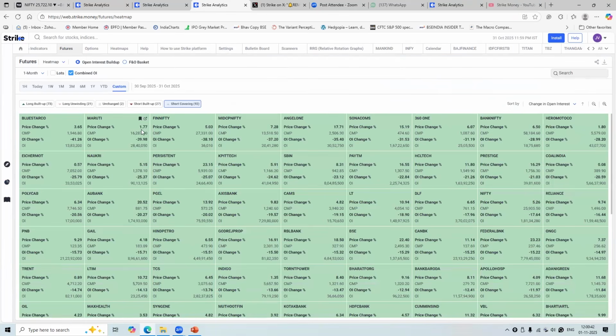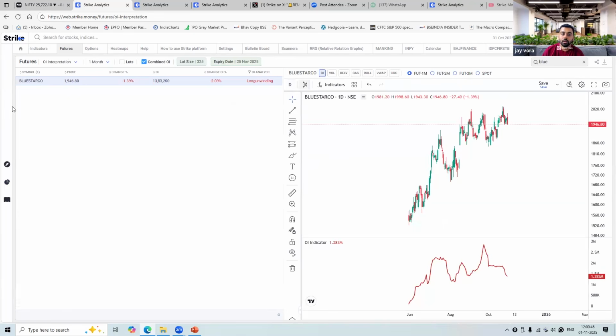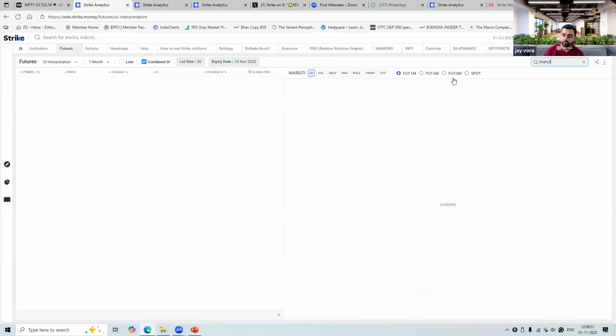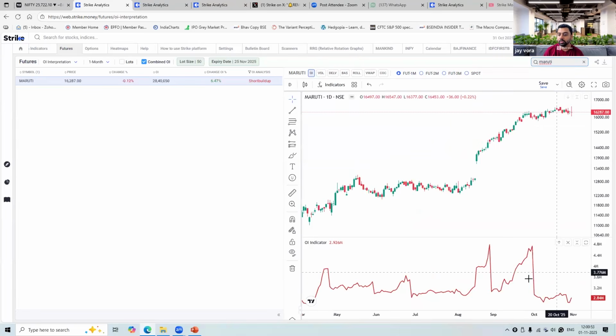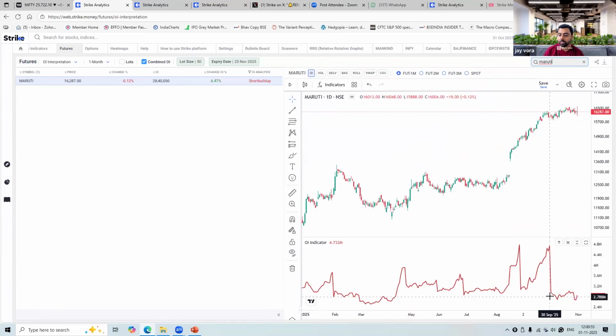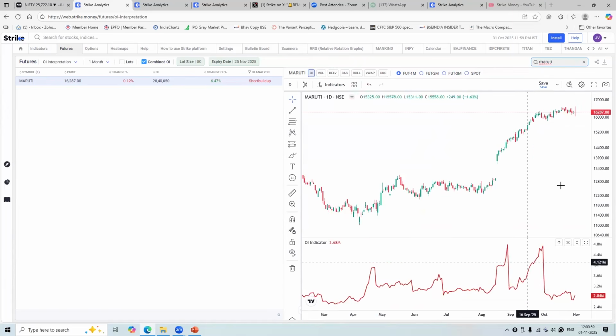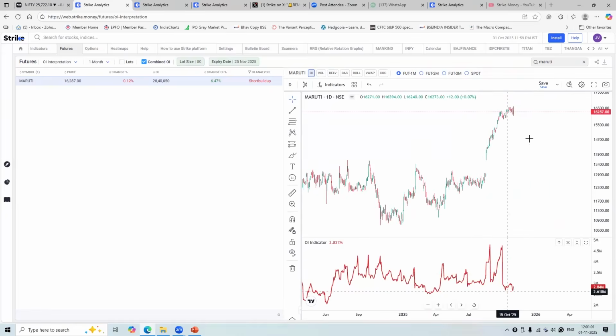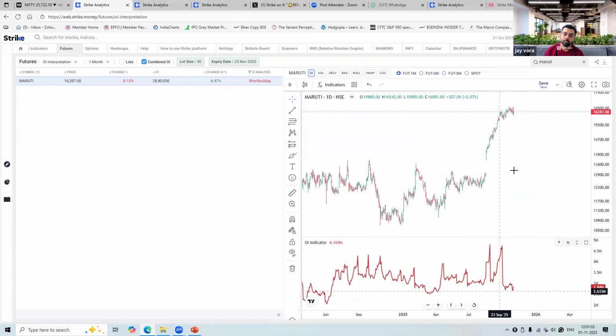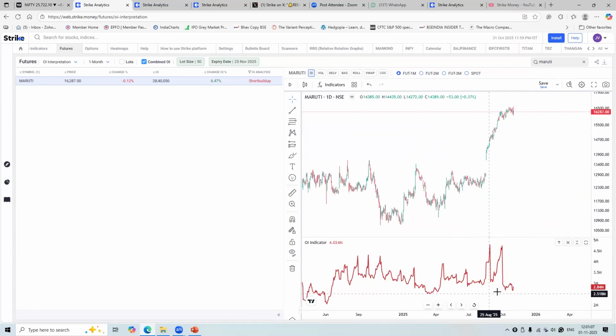But you can see Maruti. Over here, you can see that there is a big downtick, and this was due to expiry also happening. So now I will wonder whether people are cashing out from Maruti because the prices are at a higher level, and the open interest is low.